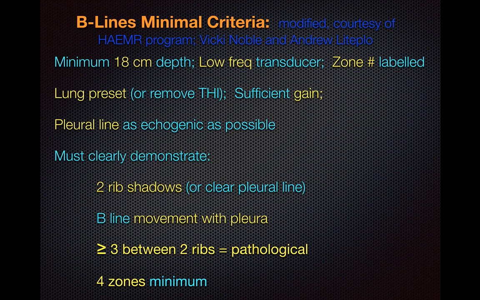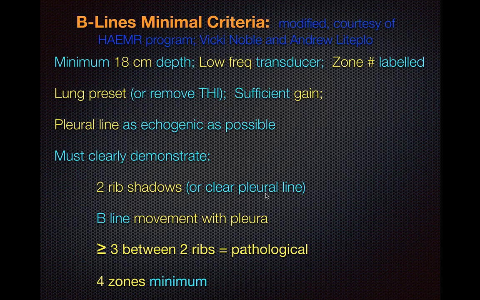Make sure you have sufficient gain so that you can see the B lines. You want to make your pleural line as echogenic as possible, which generally requires that you sweep a bit to image the pleura at 90 degrees, as perpendicular as possible. You must clearly demonstrate which one is the pleural line, and ideally, if you can demonstrate the rib shadows, that's very helpful.